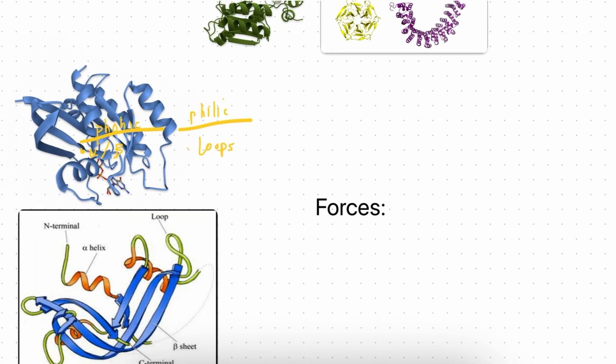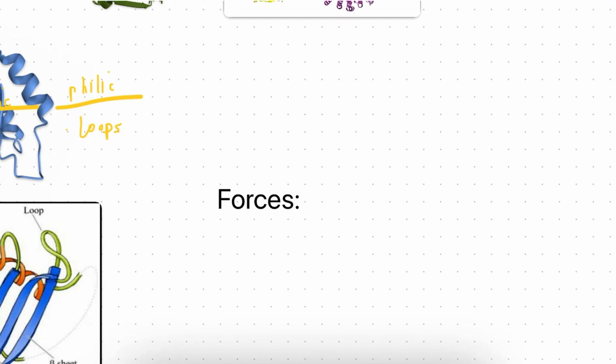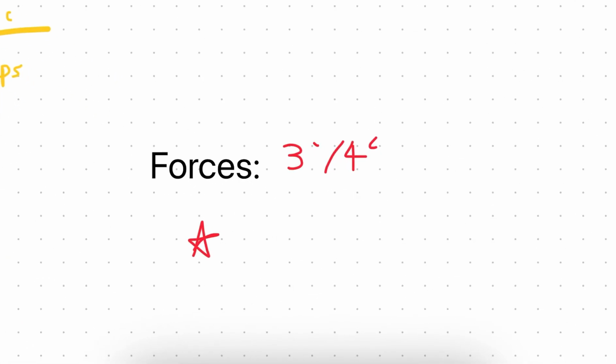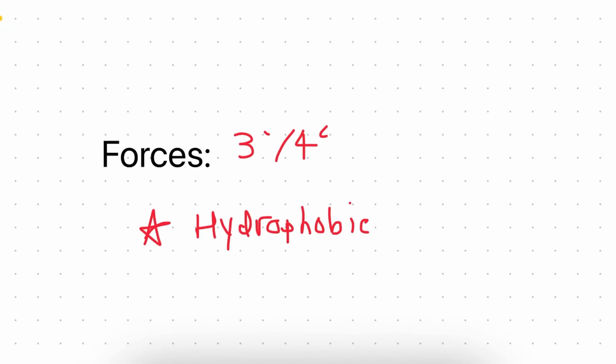Now let's talk about the forces that hold tertiary and quaternary structures together. The main driving force that holds the structure is the hydrophobic force, whereas recall in secondary structure, it's the hydrogen bond. So this is a main force.